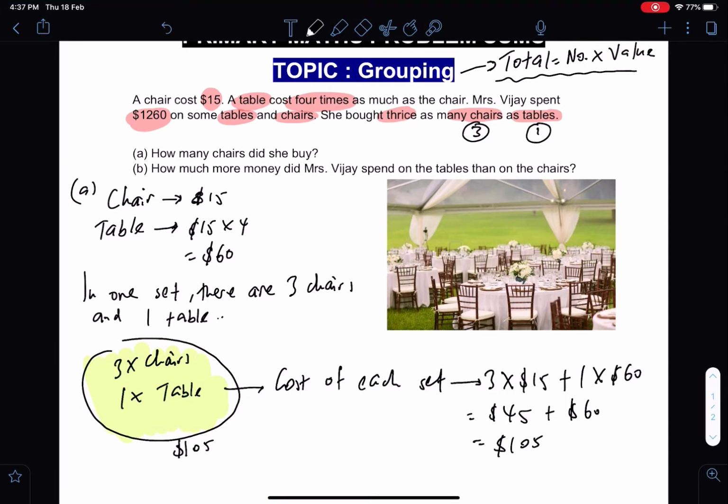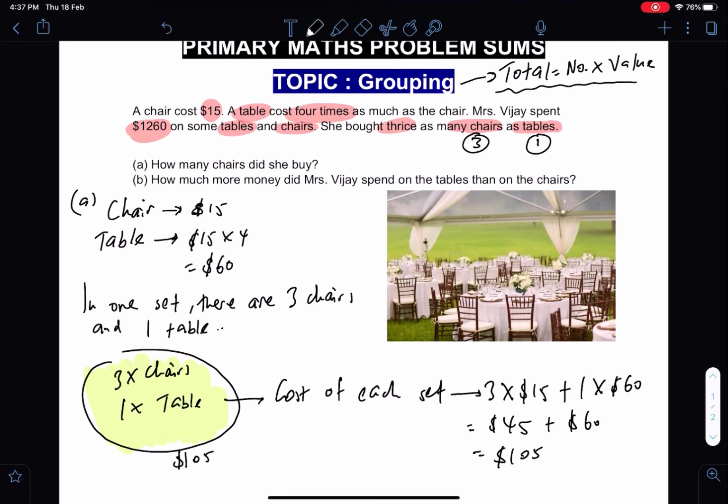But we know that this person bought a total of $1,260 worth of these tables and chairs. So definitely there's more than one of this set here. There are many of these sets. So how do I find the number of such sets?